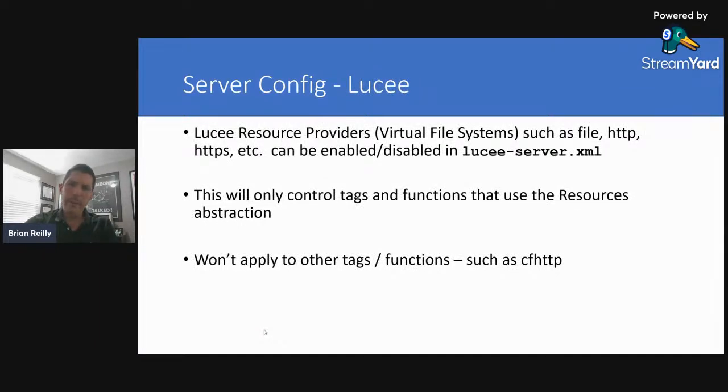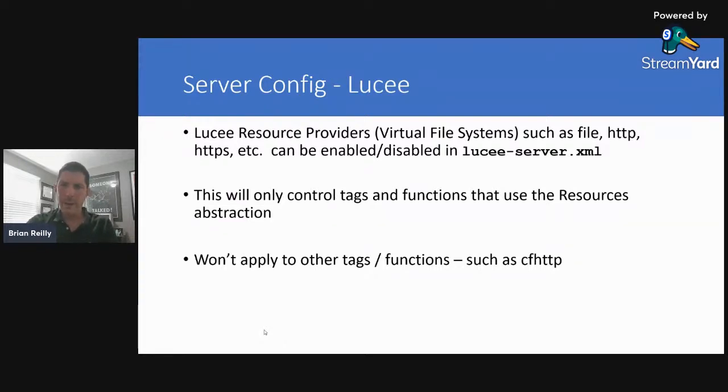Okay, for Lucy, again, similar to ColdFusion, Lucy has resource providers that these functions are going to consume that are on a virtual file system as well. So again, it's known and expected that you can pass in things like file URIs, HTTP URIs, and those other VFS schemes.